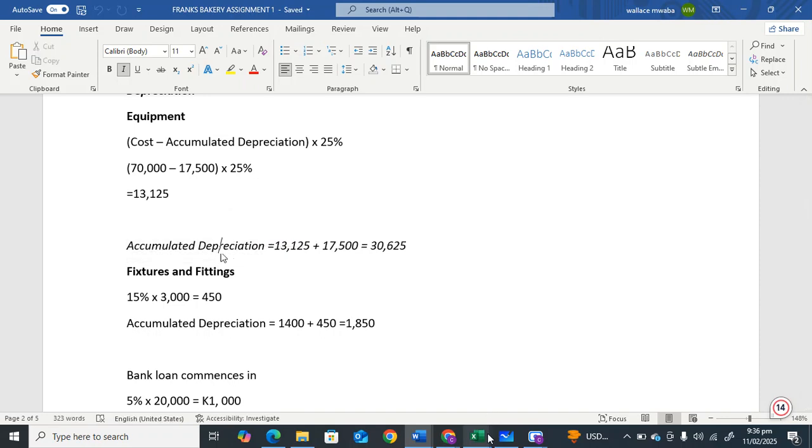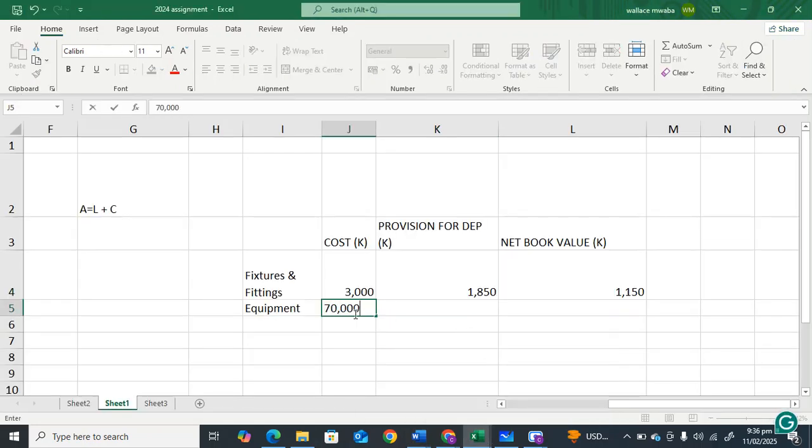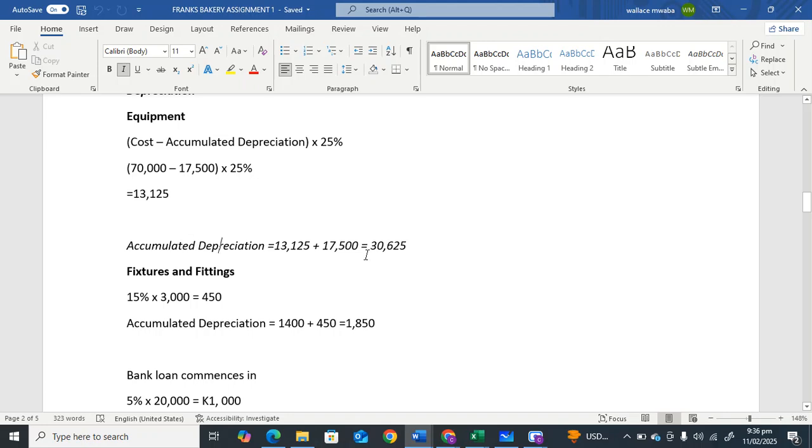So the cost is 70,000, the provision for depreciation is 30,625.